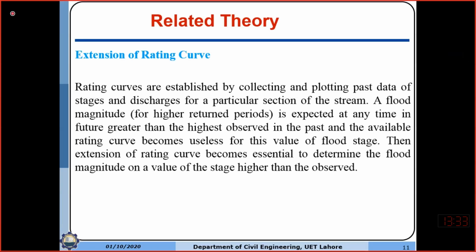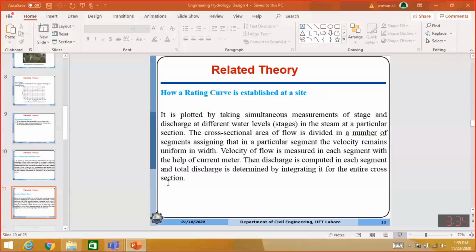So in that case, rating curve extension is important, because the already existing rating curve for the site will not be usable as it is. A flood magnitude higher than expected at any time in future, greater than the highest observed in the past, makes the available rating curve useless for this value of flood stage. Then the extension of the rating curve becomes essential to determine the flood magnitude for a stage higher than the observed.